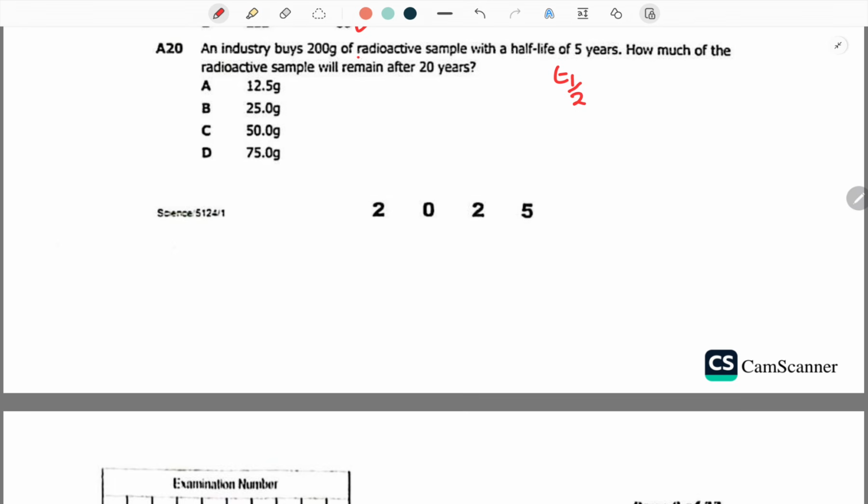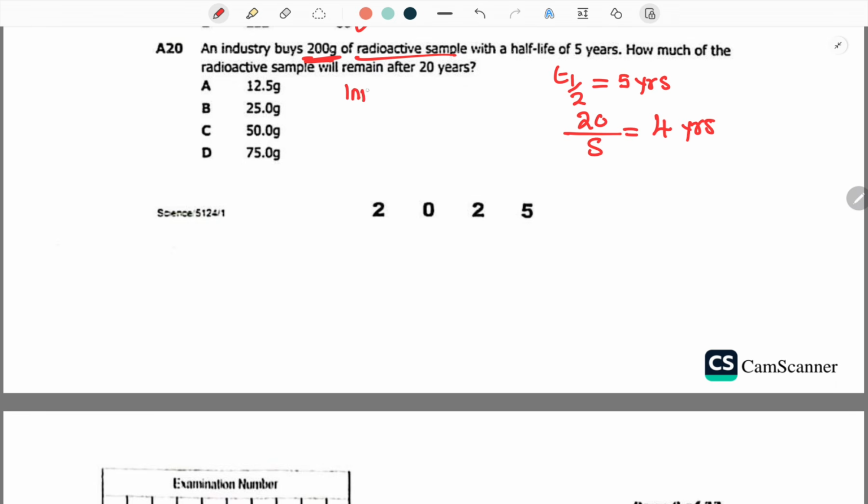This radioactive sample has a half-life of 5 years, and you want to know what is going to remain after 20 years. You will say 20 over 5 is going to give you 4. So you are going to be reducing these 200 grams 4 times and see what you're going to remain with.